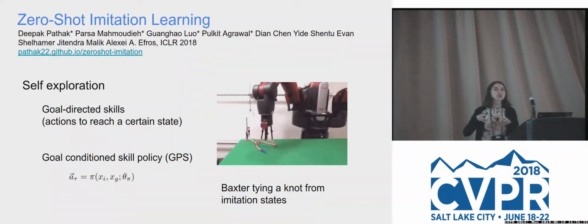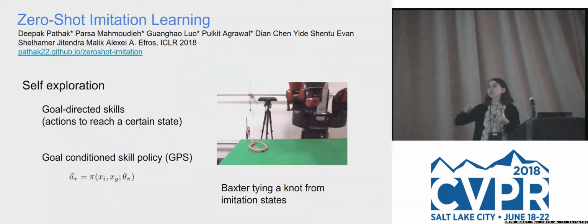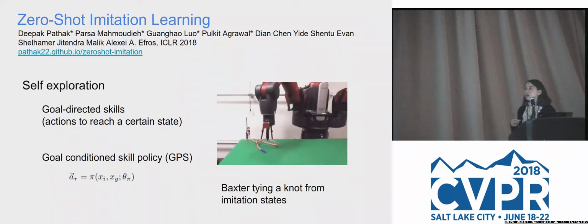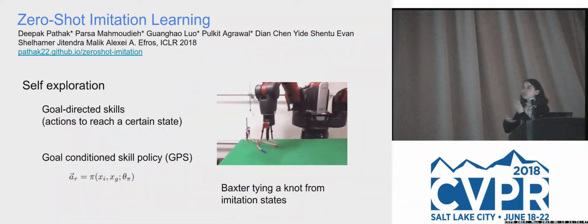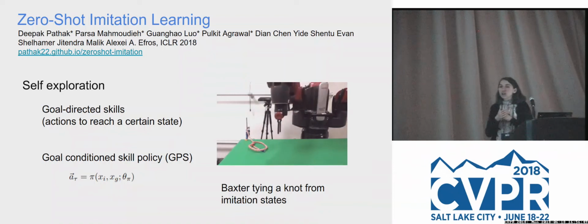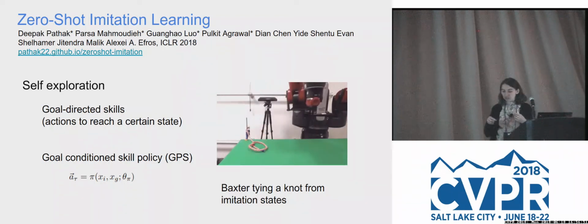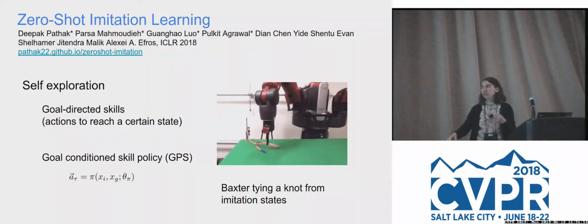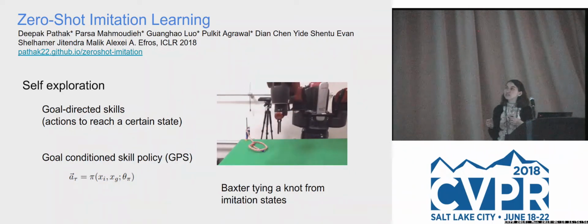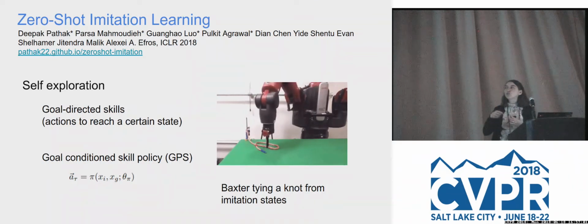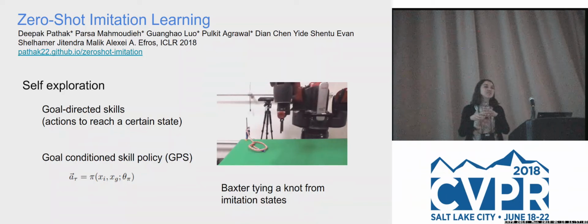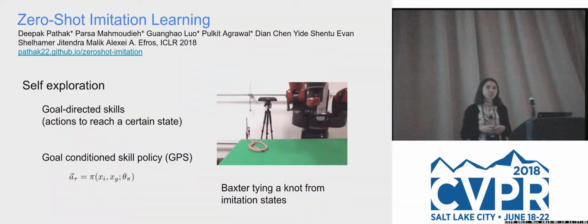And in this way you can learn a sequence of actions so that you can achieve certain states. So here they turn it around and they learn a neural network that, given a state and a final state, and is parameterized on theta, what action or sequence of actions could have taken the world from one state to the other.